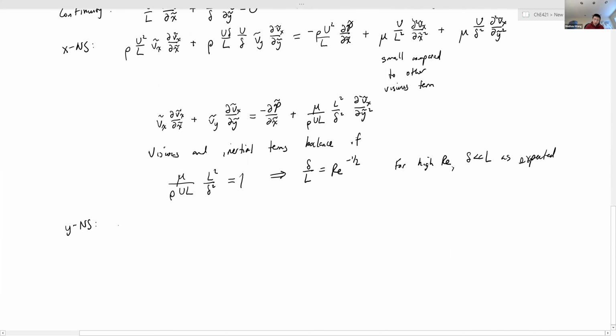Okay, the first term scales as something like this. Okay, that's because Vx scales as U, Vy scales as U delta over L, and then x scales as L. And so that's where that comes from. Okay, we'll get something similar for the other viscous term.